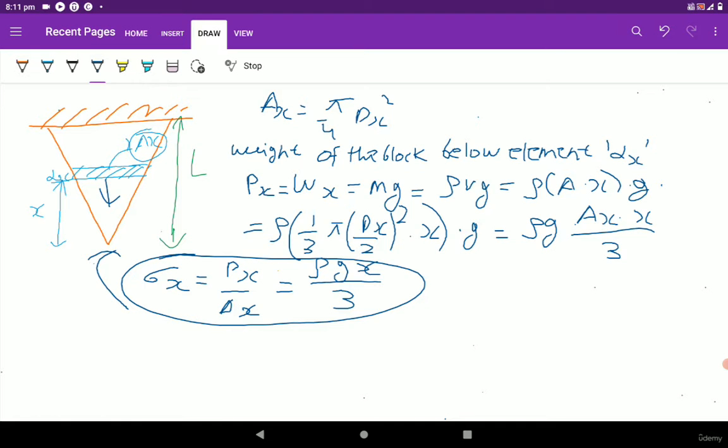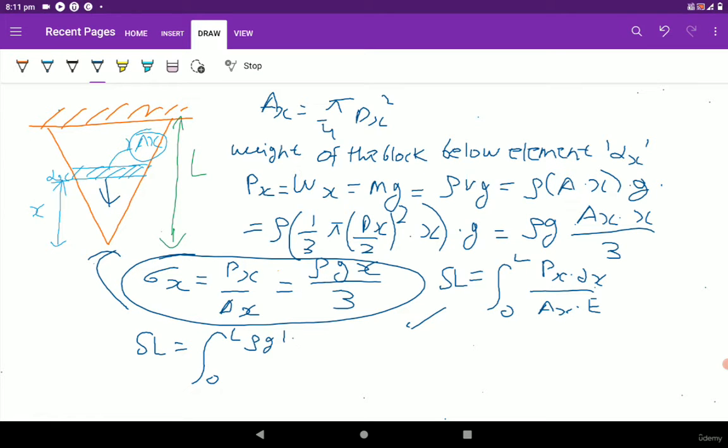Now let's calculate delta L. Delta L is equal to integral 0 to L of Px dx upon Ax E. Substituting the value of Px in this equation, we get delta L is equal to integral 0 to L of rho g Ax x by 3 dx upon Ax E. Here Ax will cancel.